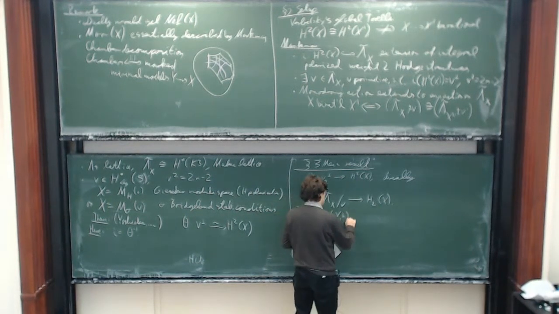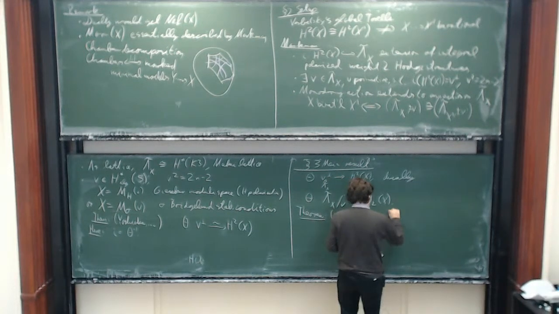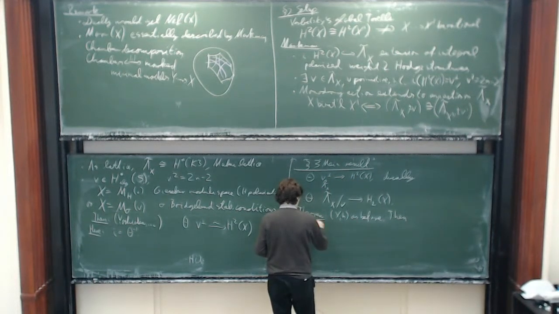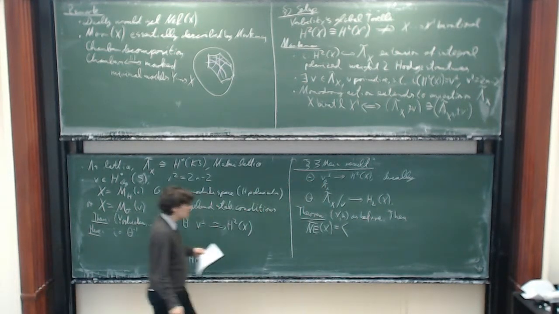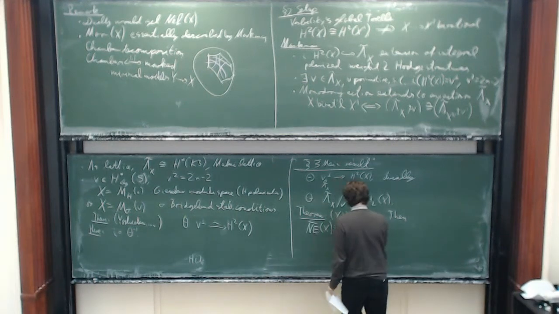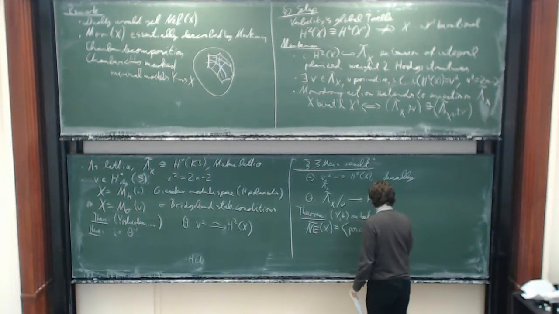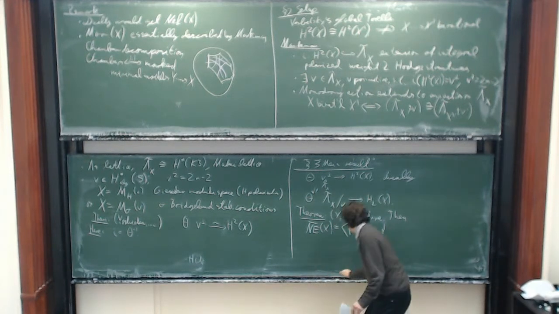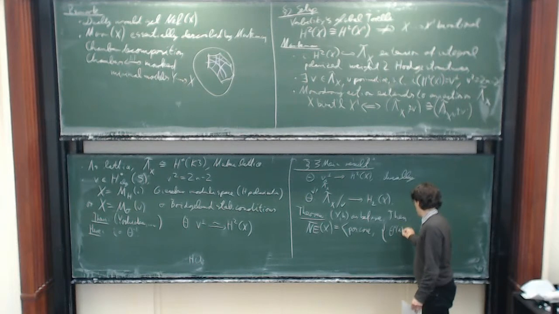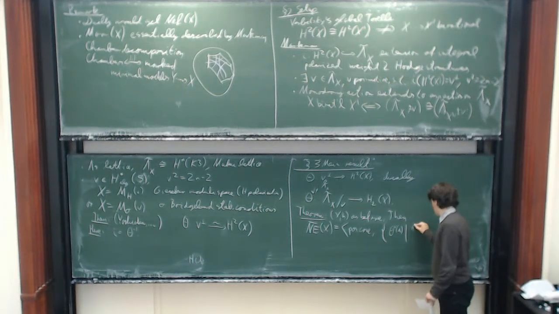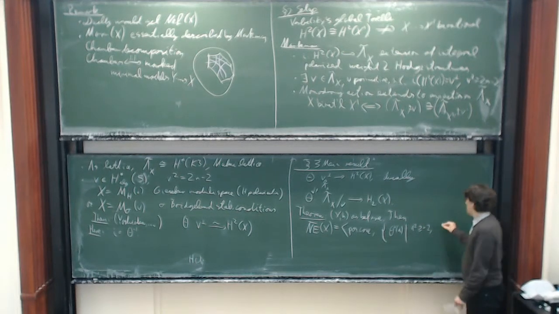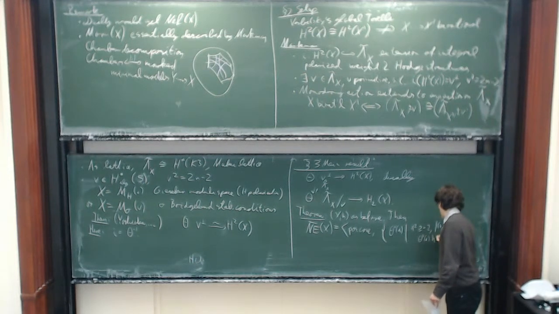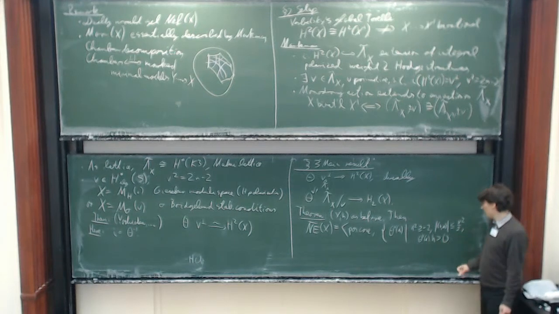So if X_H is as before, then the Mori cone of X is generated by the positive cone and by all classes theta v of A, sorry, I wanted to call this theta v dual, where A is of the following form: it has to have square at least minus 2, the pairing of v with A has to be at most v squared over 2, and of course the pairing with the given polarization has to be positive, to pick out whether I'm using plus or minus A.